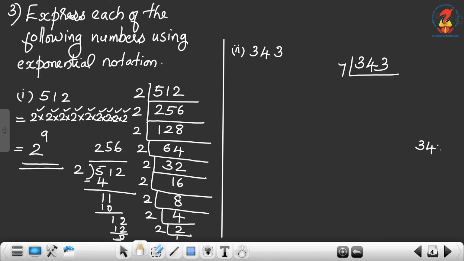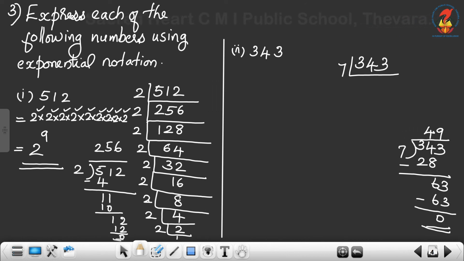Then 343 divided by 7. 7 4s are 28. Then 63. 7 9s are 63. So we can do with the 7. So you will get the quotient as 49. Then 49, how many times in a 7? 7 7s are 49.